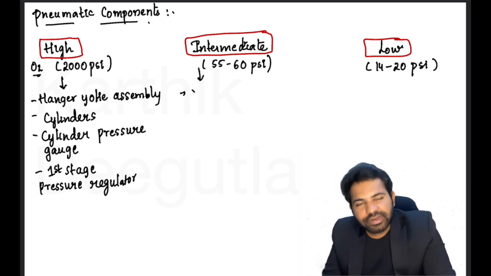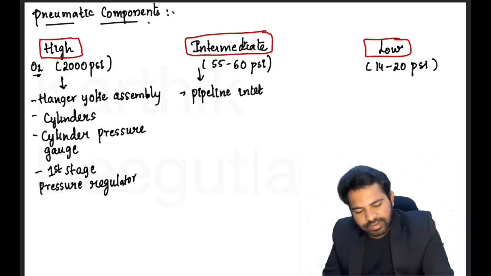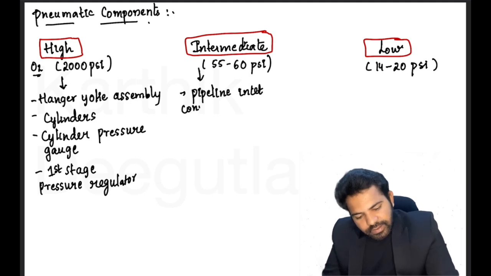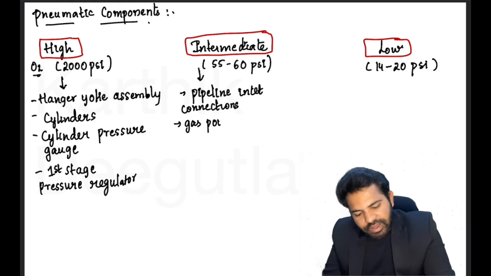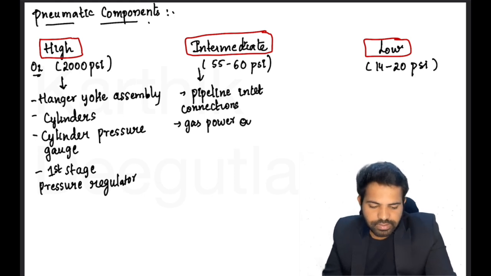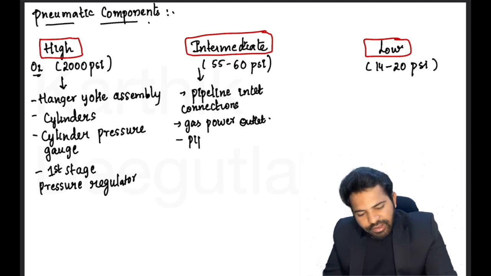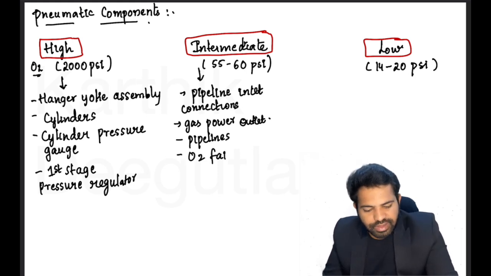Then we have the intermediate pressure system. In the intermediate pressure system we have pipeline inlet connections. Then we have gas power outlet. Then we have the pipelines. Then there is the oxygen failure safe valve.